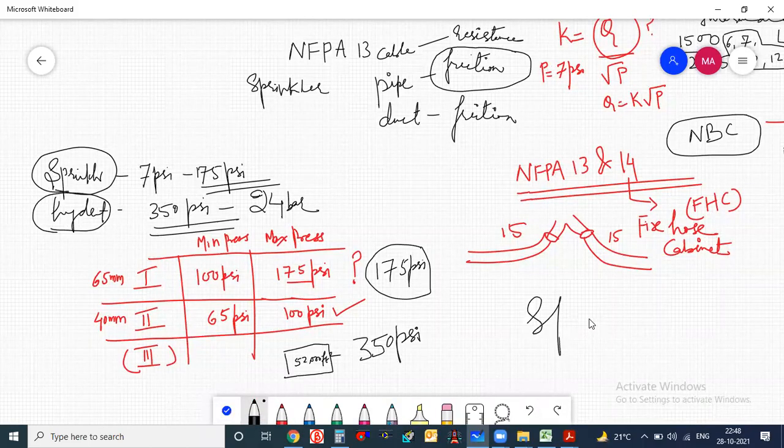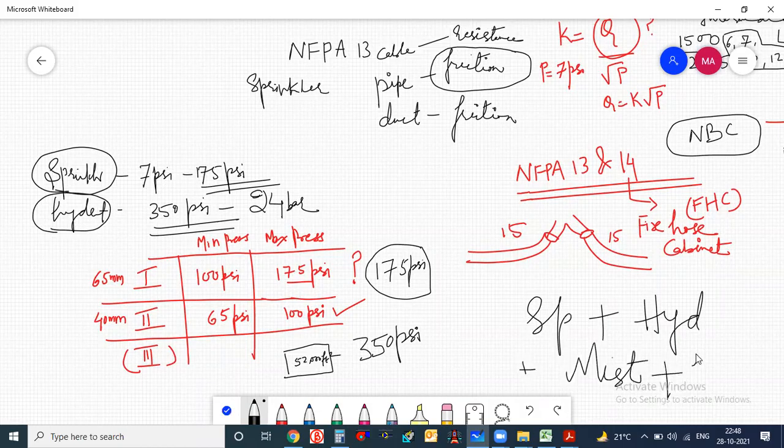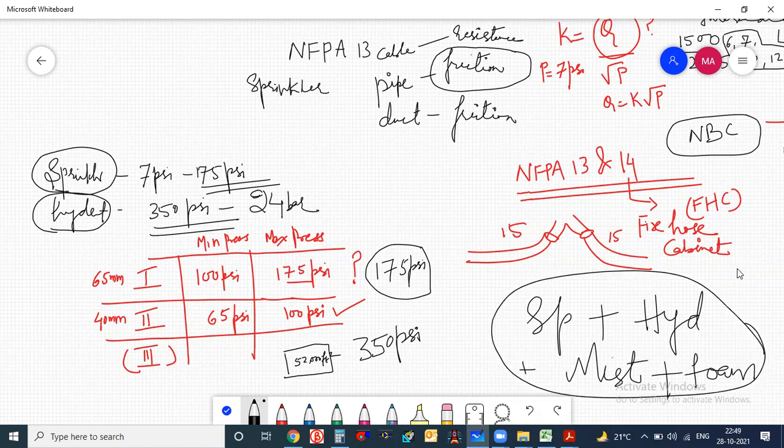Till now we have seen the pressure ranges for sprinkler and hydrant. In our consecutive next classes, in the same way you will get some pressure ranges for the mist system also, and I think you will get them for the foam system also. So you have to remember these pressure ranges, because based on the pressure ranges only our systems are going to vary, and obviously sometimes you also have to remember the flow.